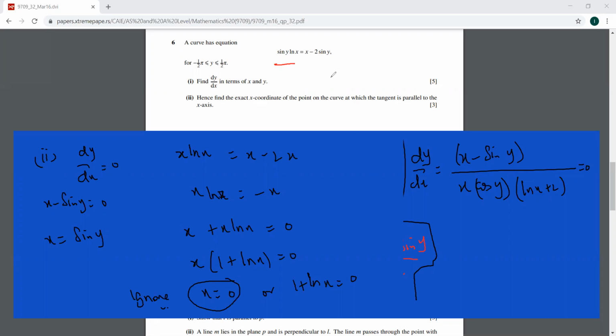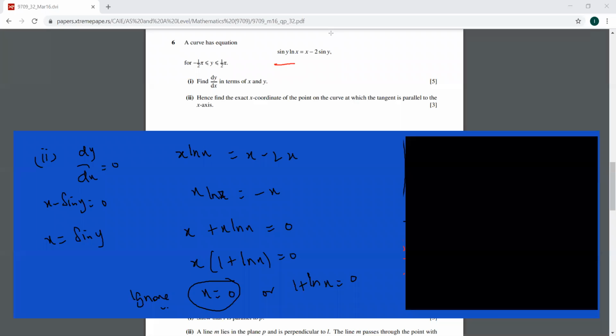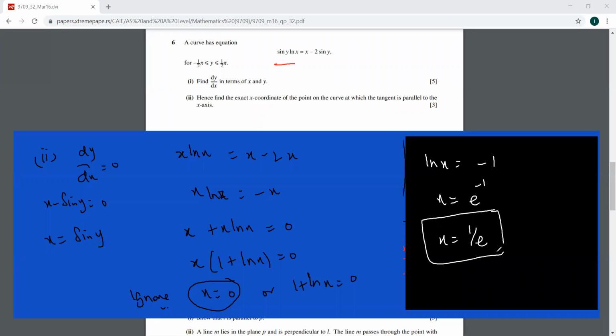And then we have here ln x equal to minus 1. So x equal to ln inverse of minus 1, that is e raised to the power minus 1. So yeah, that is the right answer. That is 1 over e, the exact value of your x. So this question is completed here.